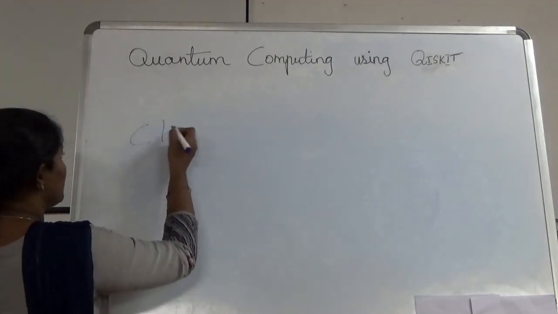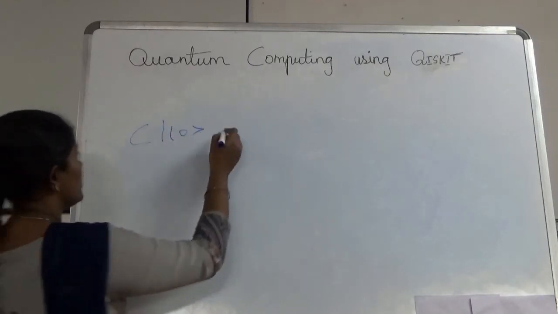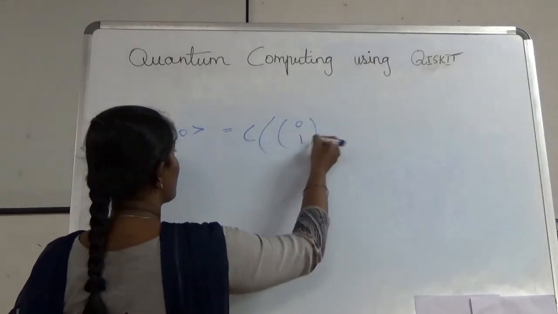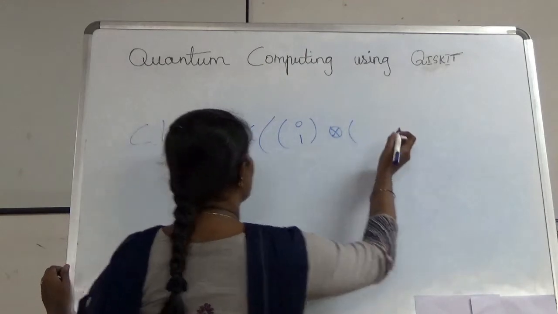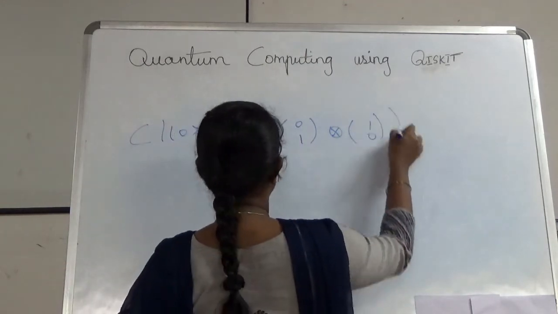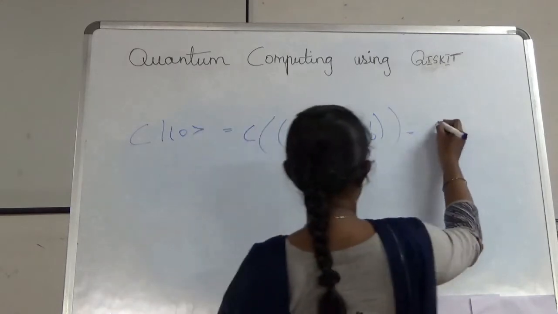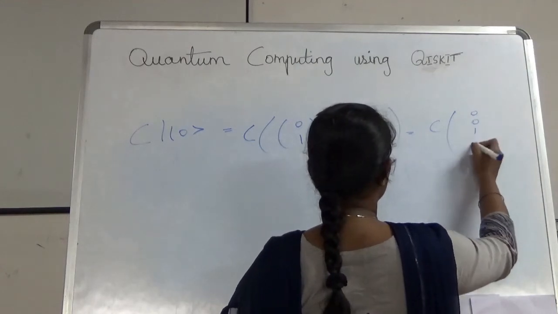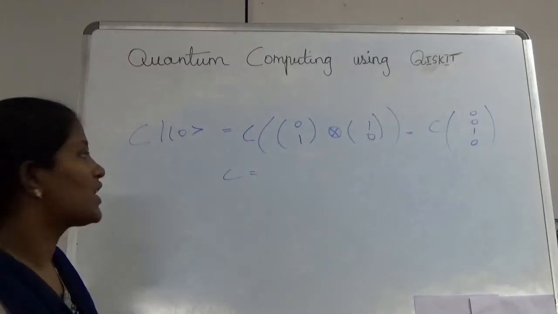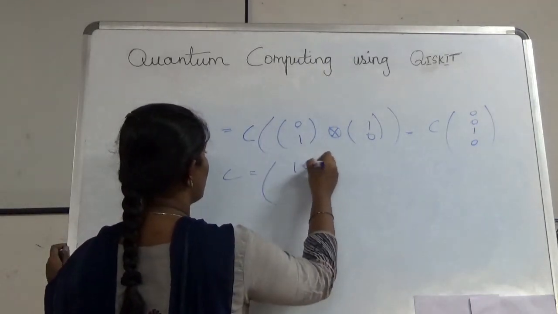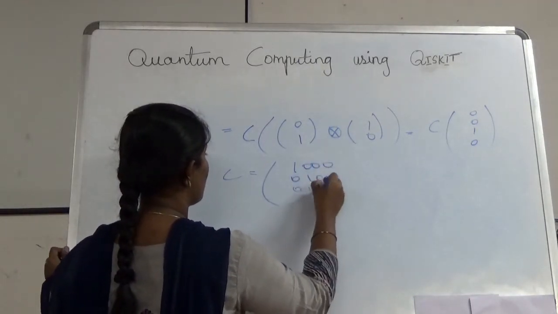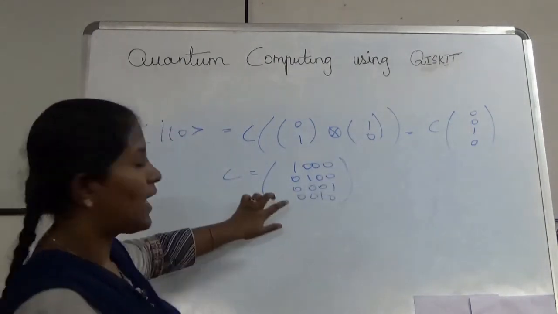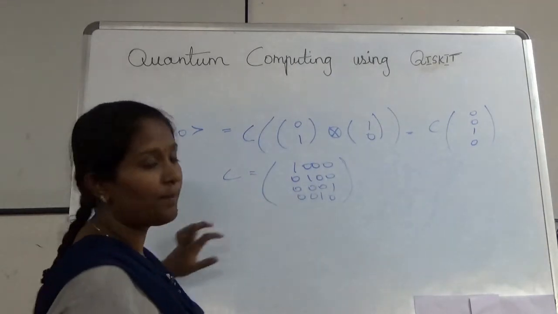Let us apply the C naught gate to 1 0, which is C naught of 1 0. The matrix representation of the C naught gate is nothing but an identity matrix where the last 2 rows are flipped.